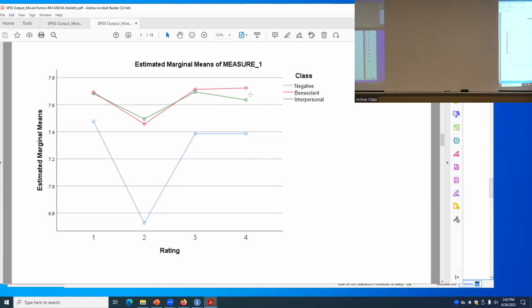Remember that if I'm talking about interaction, I'm getting a different shape and profile, right? Overall, it looks like my negative group is basically just a shift lower than these other ones, right? But that doesn't necessarily indicate an interaction.